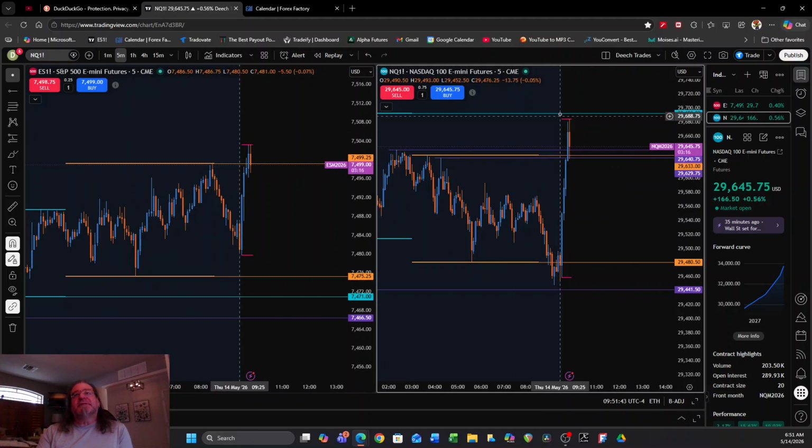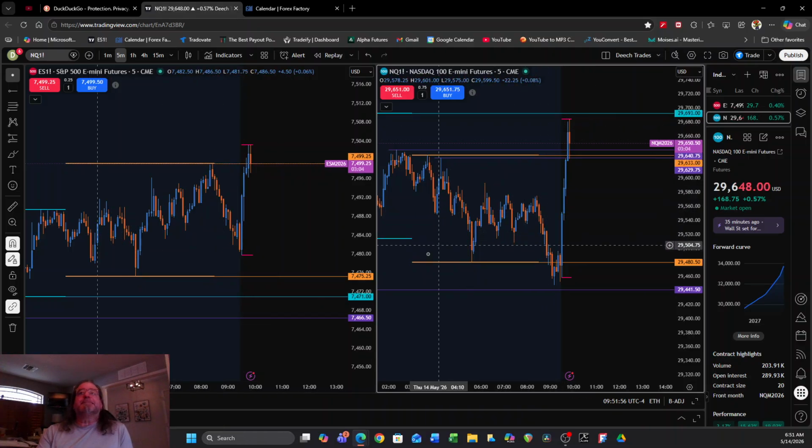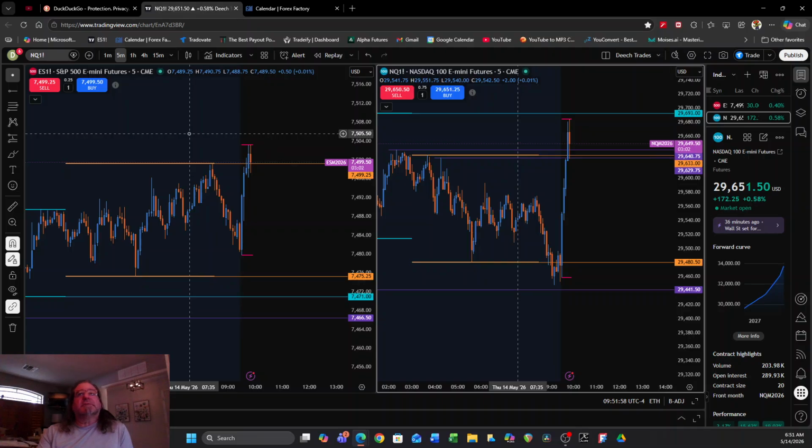And if we do see that come down and we see it hit equilibrium and respect the gap, then we're good to look at a long, and then Asian highs will be our target. So that'll be the setup that we're trying to see play out right now. We'll see what happens.